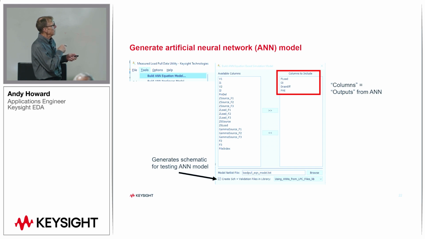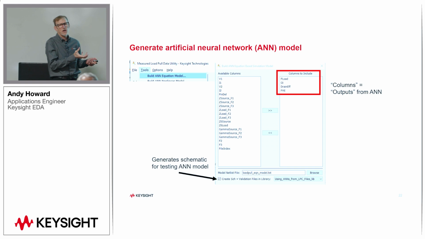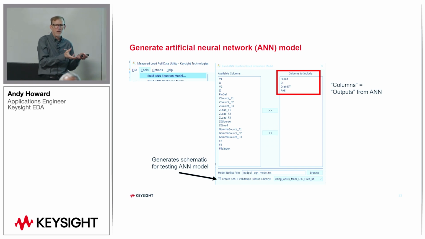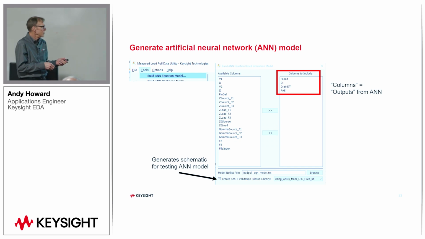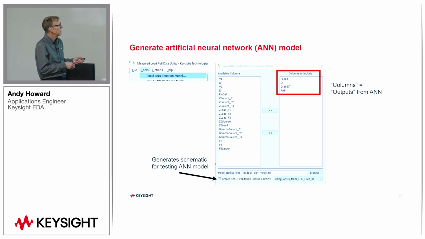These are going to be the outputs from the ANN: power delivered to the load, the transducer power gain, drain efficiency, power added efficiency. These are typically the performances that are in the measured load pull data file. It could be something else, like error vector magnitude, or adjacent channel power ratio. It just depends on what was measured. But you specify the data, the outputs from the ANN model.